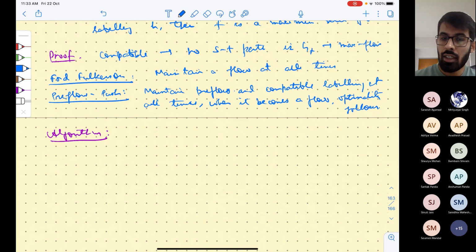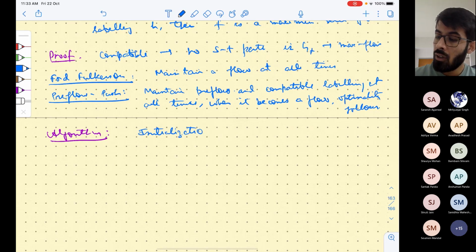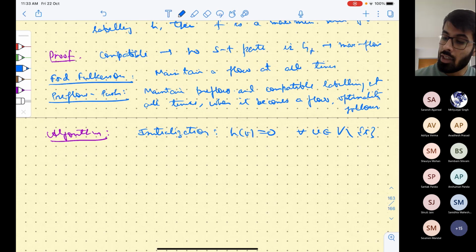First it initializes H(V) equal to 0 for all V belonging to V minus S, and H(S) equal to N. So it gives the source the height N, and everything else it gives the height 0. But now we need to have a preflow that is compatible with this labeling.